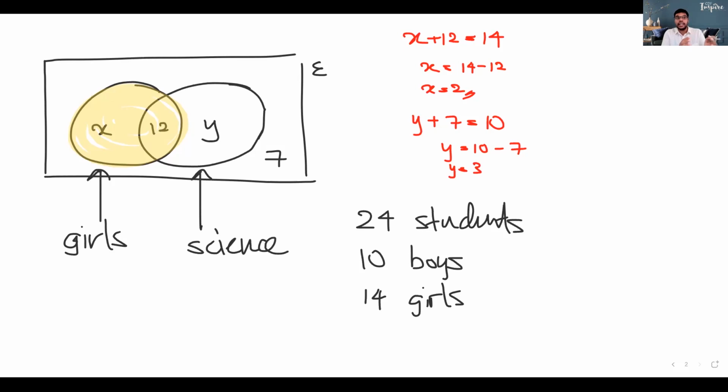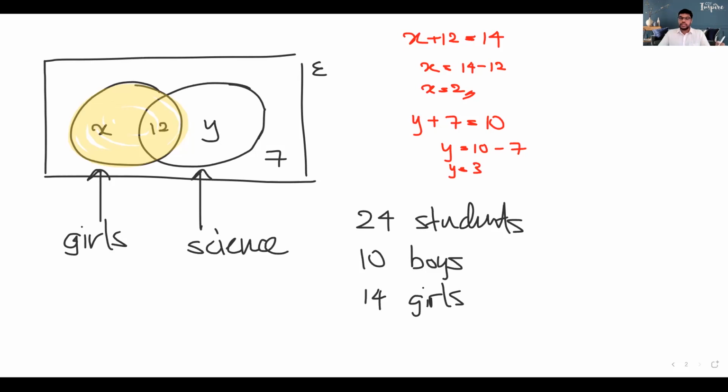In this circle we have x and we have 12. So x and 12 together should be 14 girls. That means x is going to be 2, because 2 plus 12 is 14 girls. Is that clear now? Let me know whether that first part is clear.